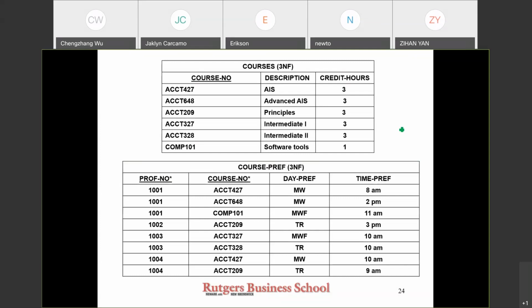The preference table has two non-key attributes, date preference and time preference, and both of them are functionally dependent on the composite key, professor number and course number taken together. So both the course table and preference table are in second normal form.